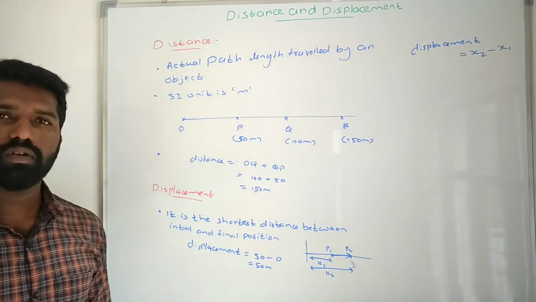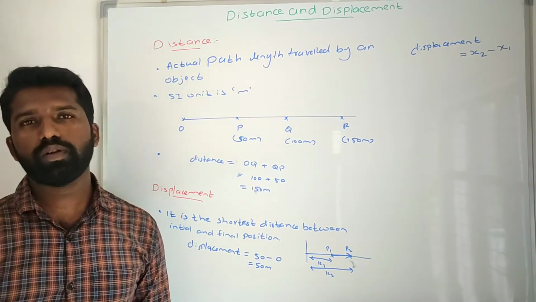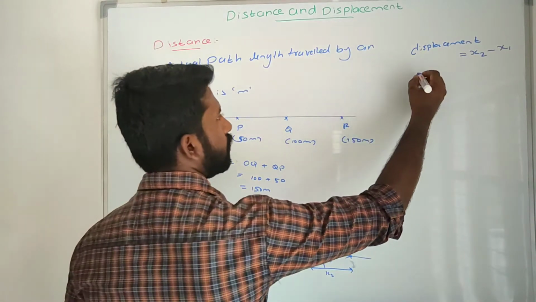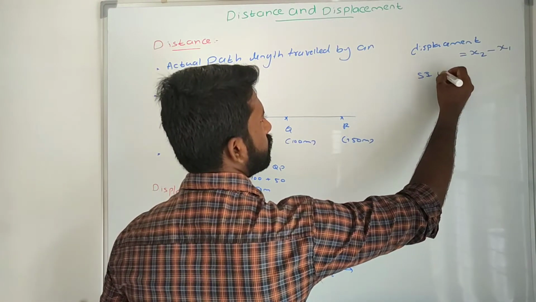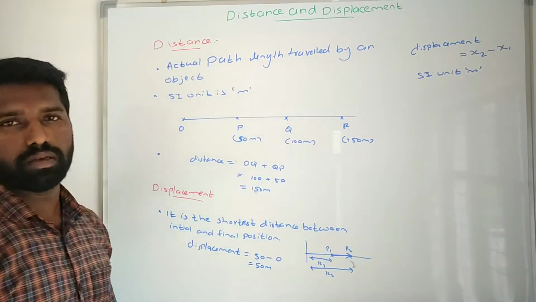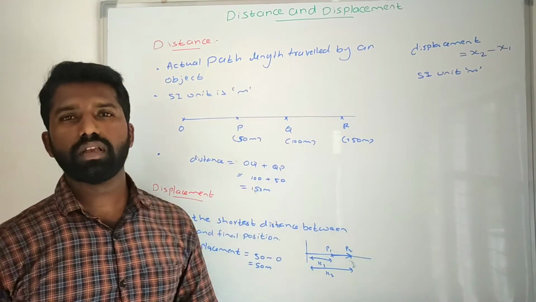This is the way you can find the displacement. The SI unit is meter, the CGS unit is centimeter, and the dimension is L.